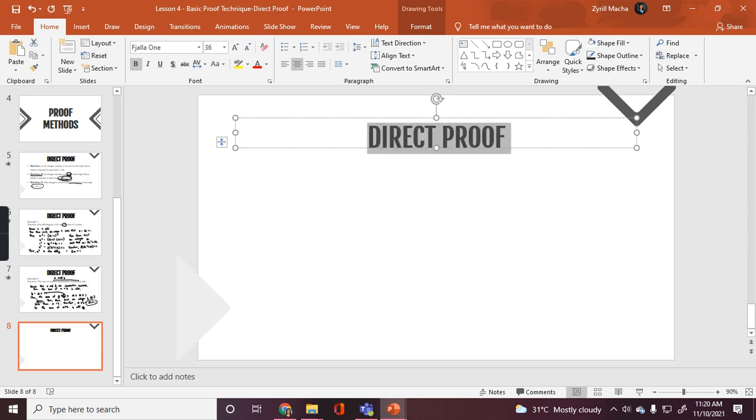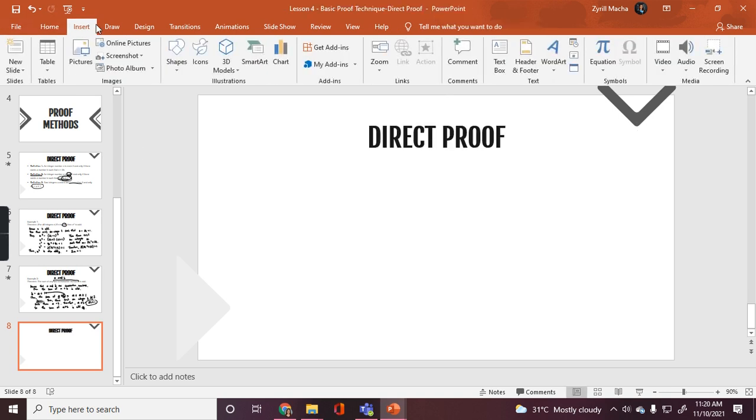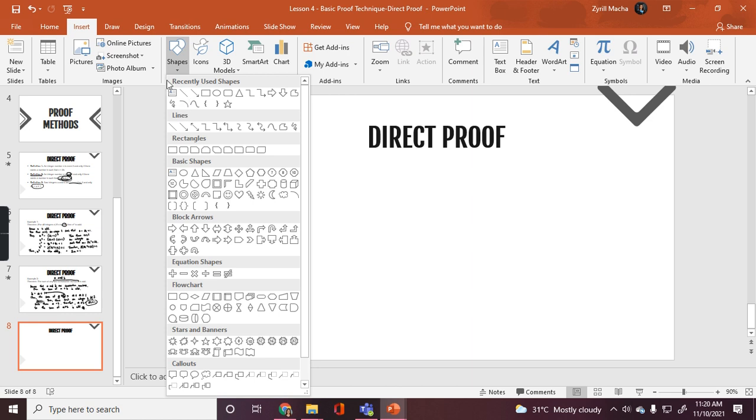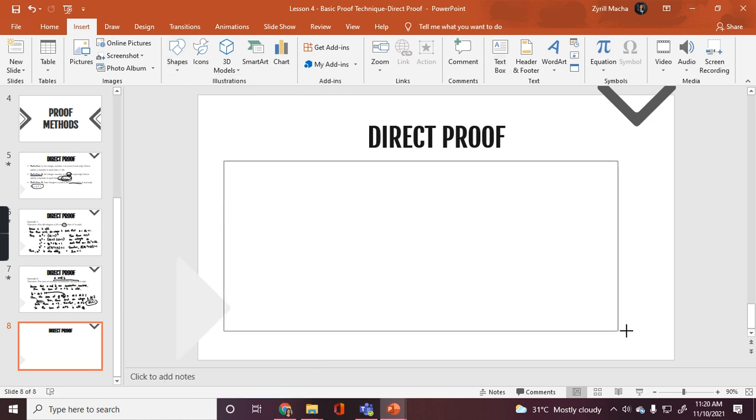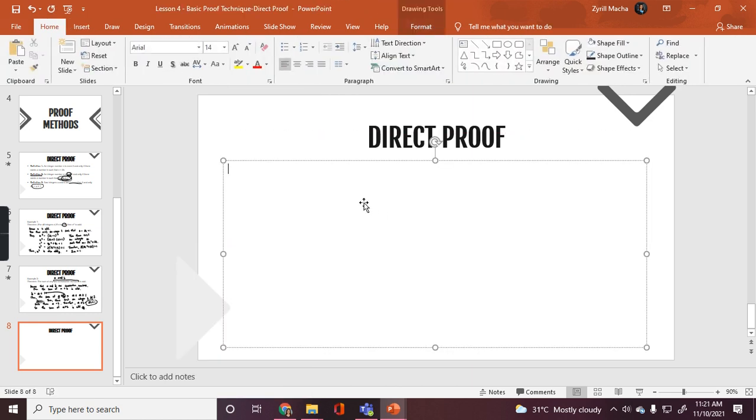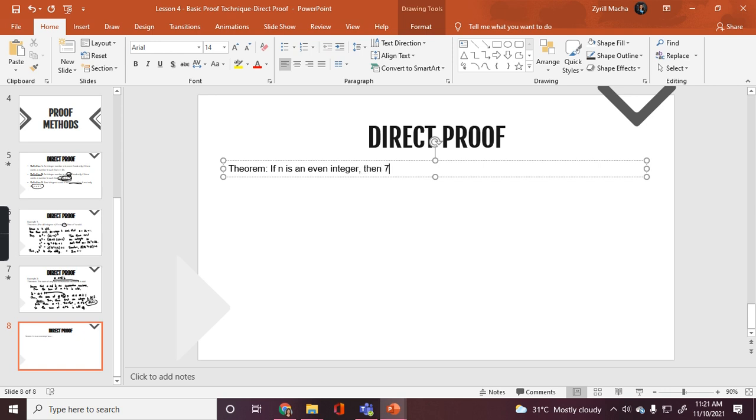Para pag-upload ko nito, no, makita ninyo siya. Hindi ko napansin na hindi pala ako nakapagbigay ng sa even. Okay, so theorem natin, if n is an even number or even integer, then 7n plus 4 is an even integer.